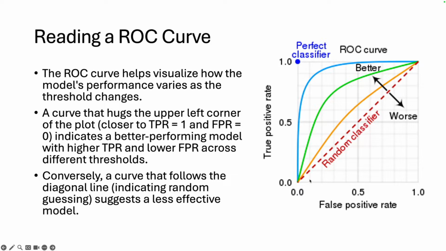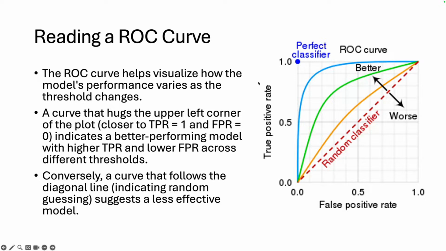So any lines close to that are quite poor. This orange line here is quite poor. The green line here is a little better, and then the blue line is very, very good. If it went straight up to 1 and then straight over, that would be a perfect classifier. It would be performing perfectly at every threshold, which is quite unrealistic.